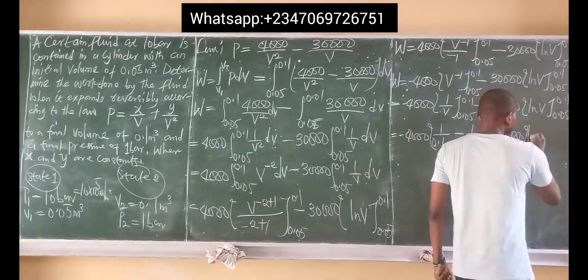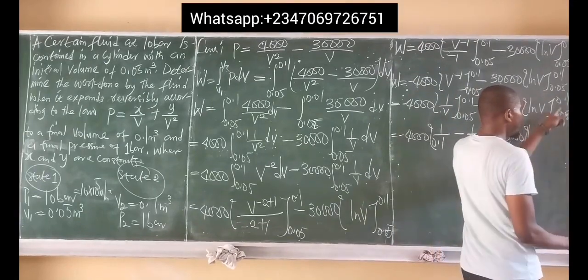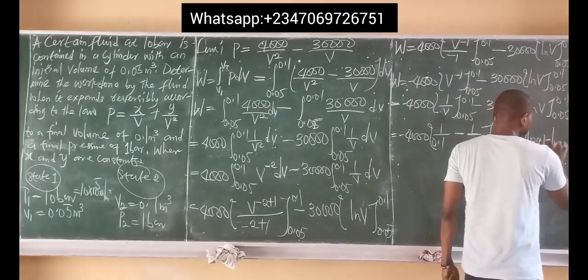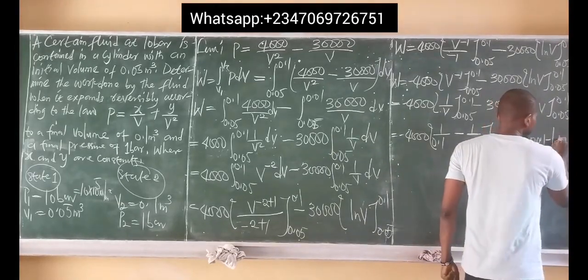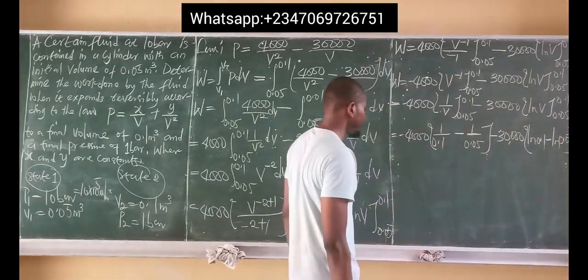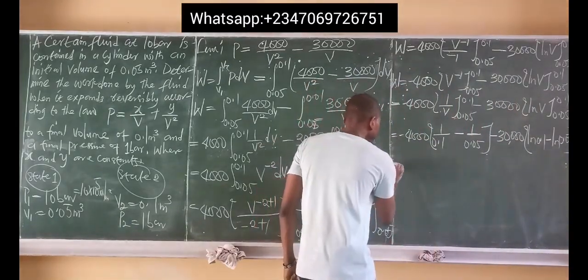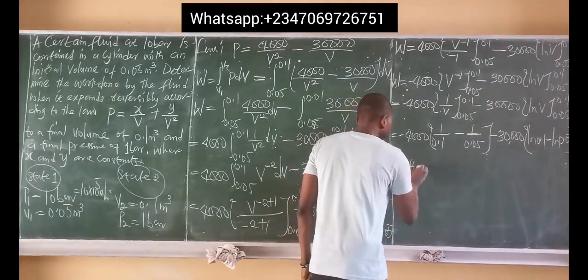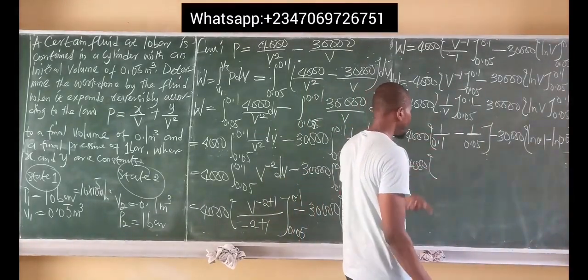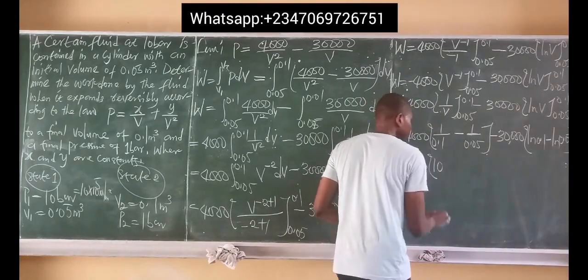So I have ln, in place of v, start with the upper limit, which is 0.1. Ln 0.1 minus ln lower limit, which is 0.05. Okay, so this is equal to minus 4,000 into 1 divided by 0.1, which will give you 10.